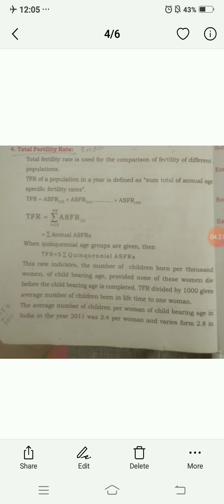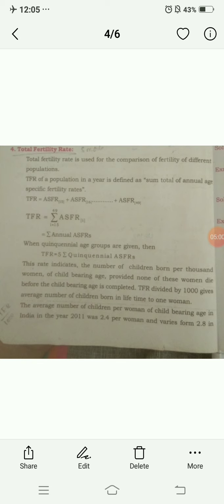The total fertility rate is used for the comparison of fertility of different populations. Total fertility rate is denoted by capital letters TFR. So TFR is the main method for the purpose of comparing the fertility rates of different populations.